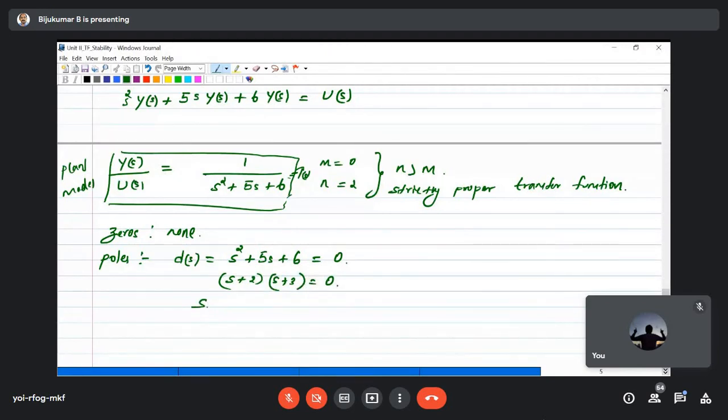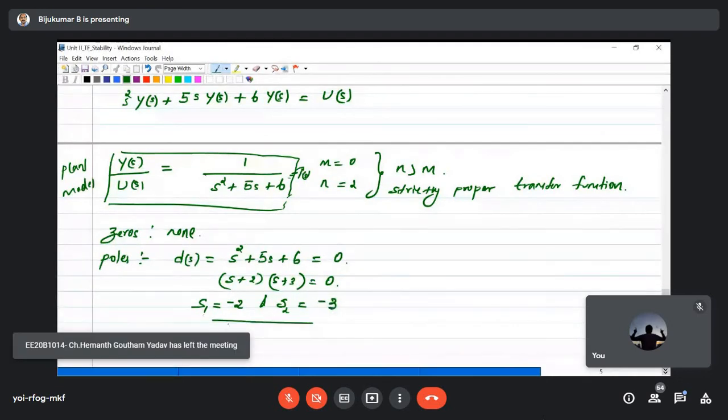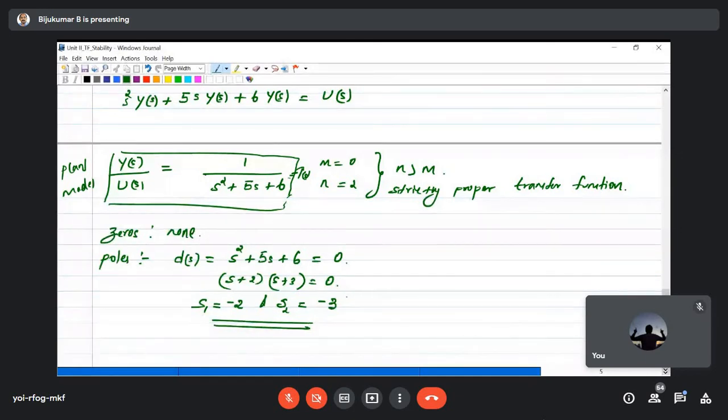So I have two poles. Let the first pole be s1, which is equal to minus 2, and the second pole is minus 3. Clear? There are no zeros in this system, but I have two poles having values minus 2 and minus 3.